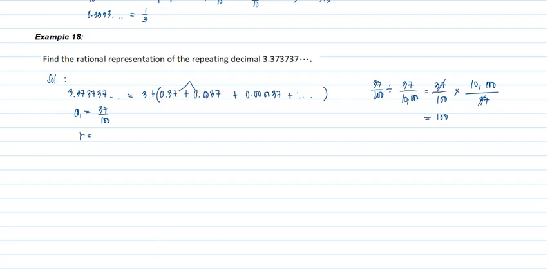So 0.37 times 100 would give us 37 over, so it would give us 0.37 times 100 give us 3,000, no, it should be 37 over 100.